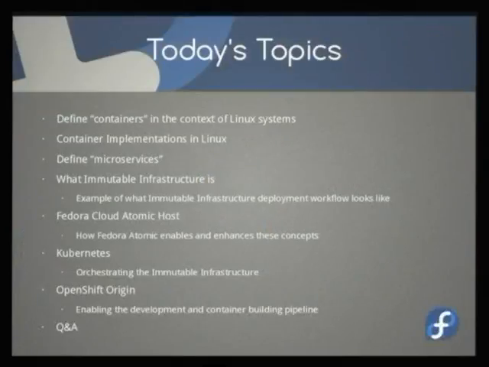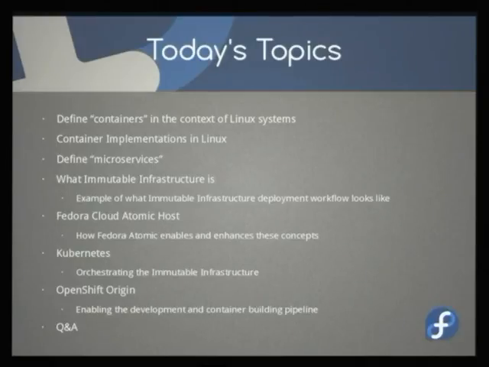So topics that we're going to cover today: we're going to define what containers are in the context of Linux systems, container implementations on Linux, what a microservice is. We're going to talk about what immutable infrastructure is, get a reasonable definition for that. We're going to talk a little bit about Fedora Cloud Atomic Host for those who are not familiar.